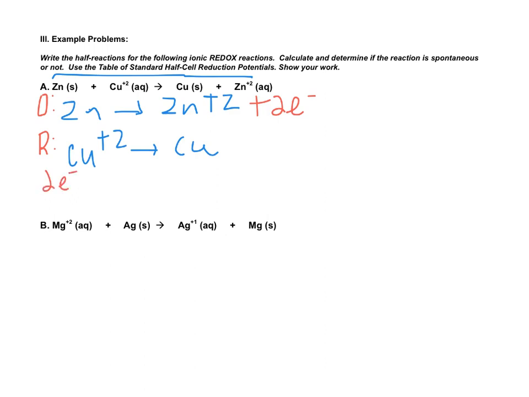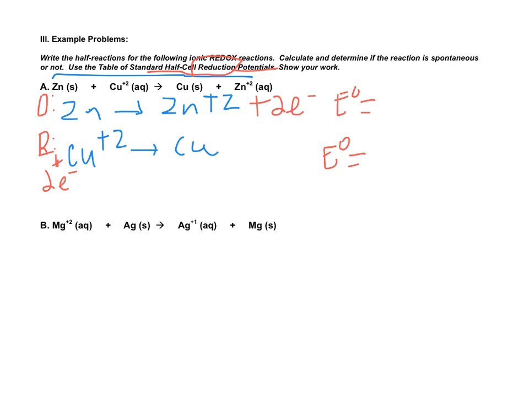So this is where we've been so far in this lesson. And all we're doing now is bringing in our electricity that's associated with each half reaction. So I like to do my reduction first because that's going to match my chart, because it says use the standard half cell reduction potential. So I should see this identical thing.